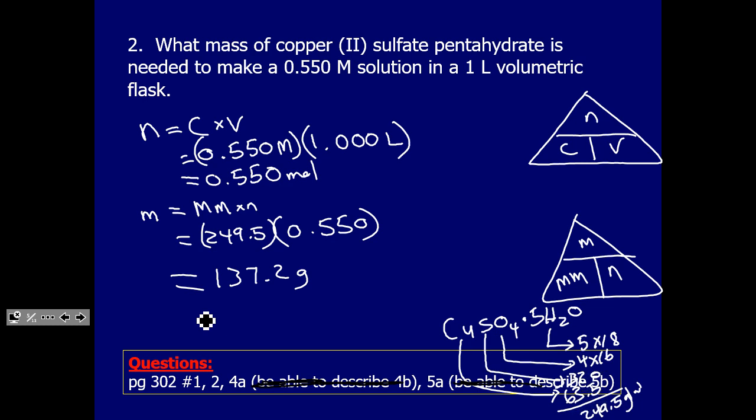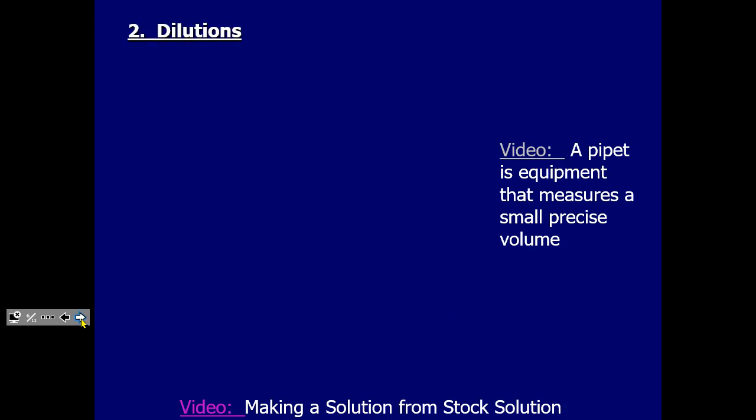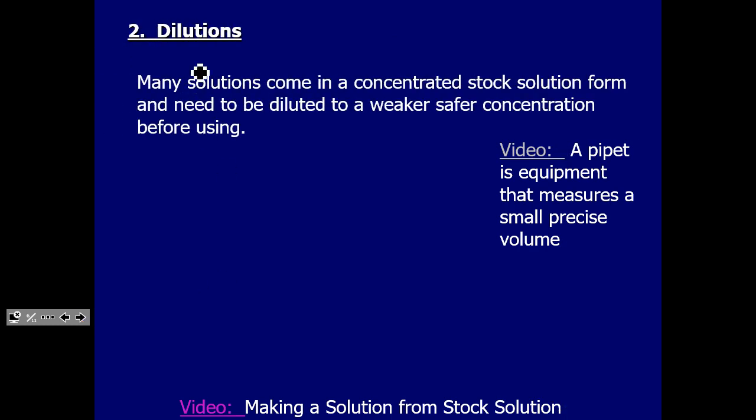Okay, so like I said, there's a second way in which you can write this all down, and you can also define what a pipette is. All right, you can also write down what a pipette is. And then I'm going to do a little drawing on here to show you how we do the calculations.